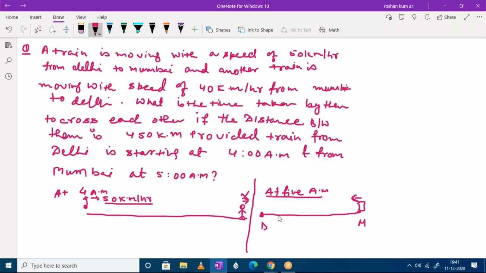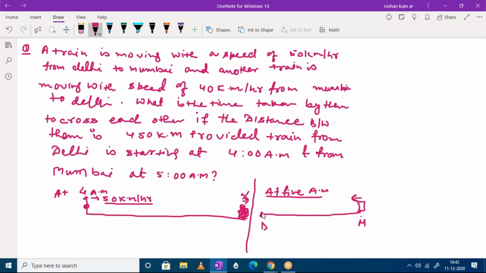Okay, first let me ask this question, guys. Have you understood the question? The question is clear to everyone, right? Perfect. So I'm saying that at 4 a.m. the train from Delhi is about to start. The other train is not even in the picture. And at 5 a.m. the train from Mumbai is about to start.